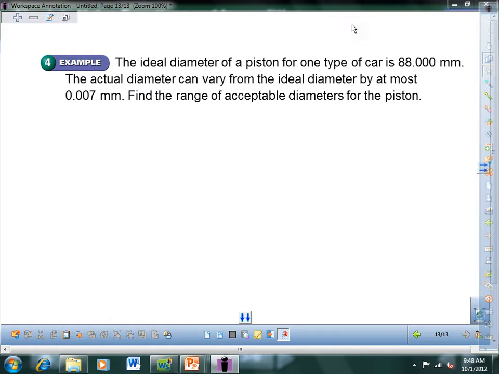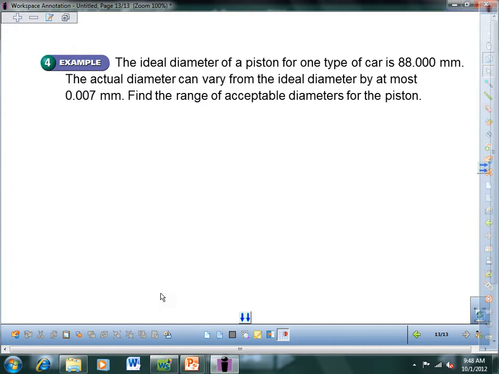So the tolerances, meaning how close it can be to what you want it to be measured at, have to be very, very tight. This might be an example of something like that. And cars have gotten more efficient as well because they have been able to make the tolerances more exact.